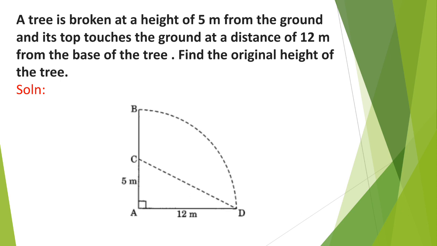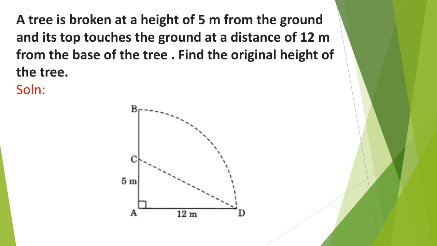Base of the tree is A. From A, that distance is where the tree falls on the ground. The tree part BC falls on the ground when it was broken. That is, we are mentioning CD. Clear what I am saying?